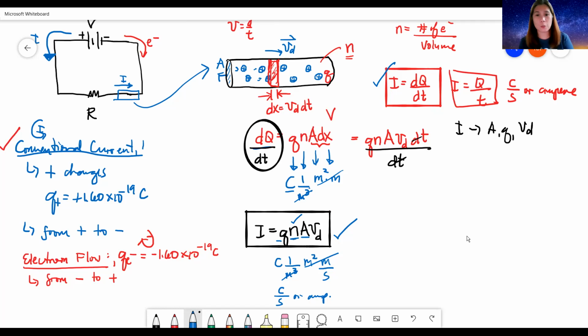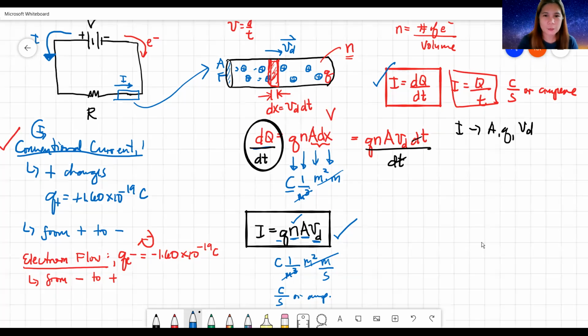This depends on the wire, of course, and the area also depends on your wire, and then the drift velocity is also predetermined by the strength of the electric field, no? Kung gaano kalakas mong sinaksak mo doon, something like that. Okay? Ayan.